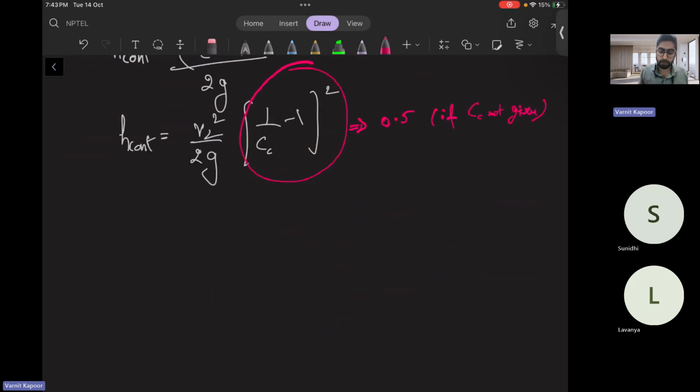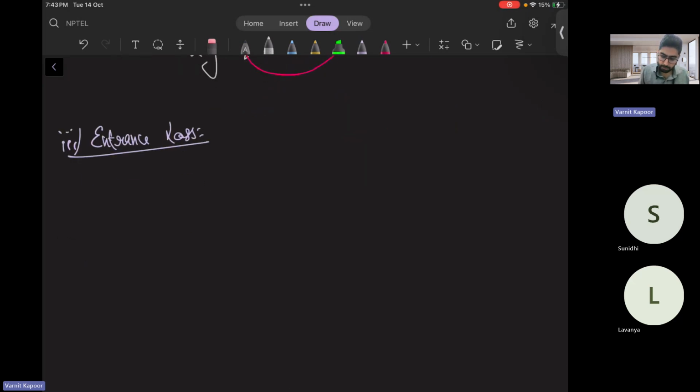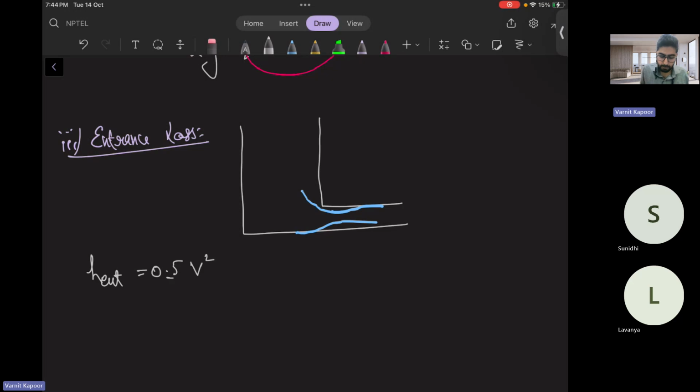Next is your entrance loss. Suppose you have a scenario like this. Fluid came, contracted, and expanded, entering some section. So h entrance is nothing but 0.5 V square by 2g. Or if K entrance is given to you, that will work.